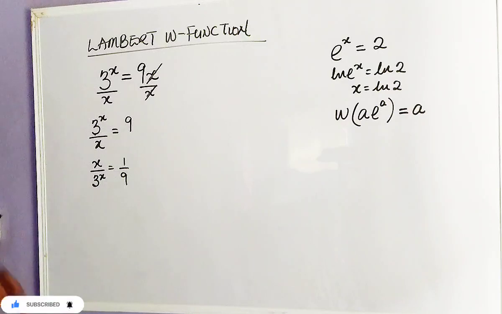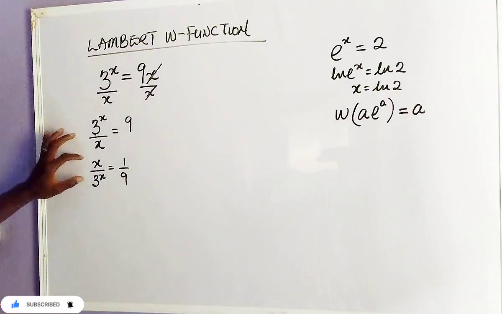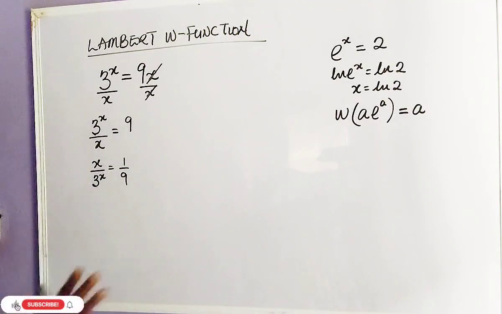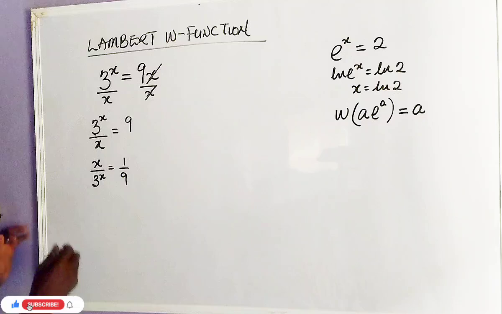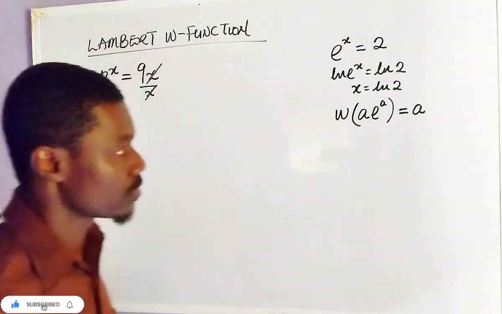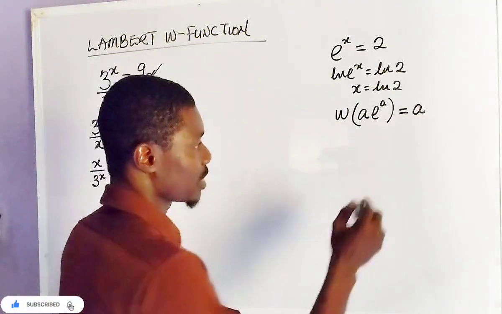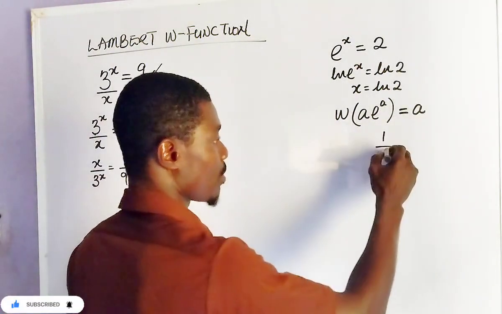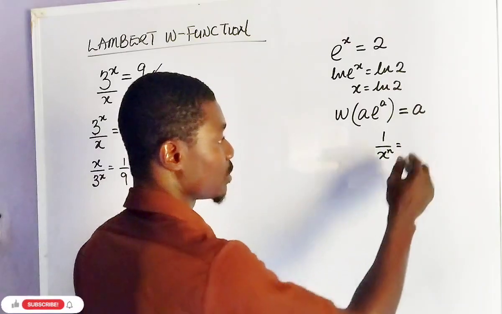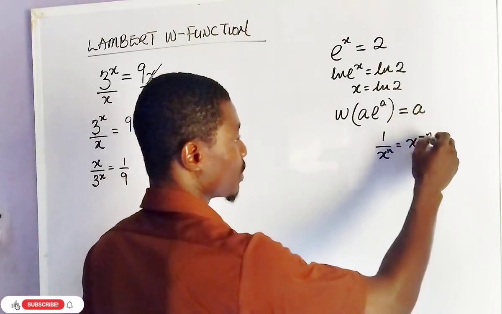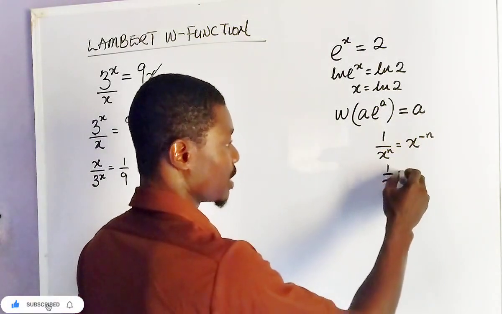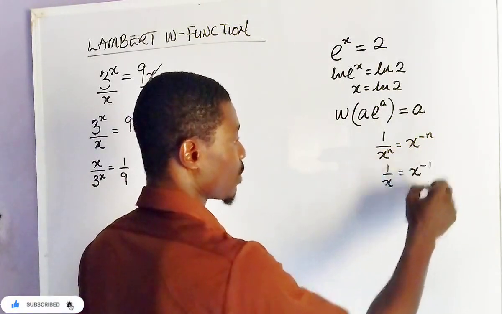Now let us put the left hand side into a linear kind of form. According to indices, when you have 1 all over x raised to the power of n, this gives you x raised to the power of minus n. In the same vein, if you have 1 all over x, it's the same thing as saying x raised to the power of minus 1.